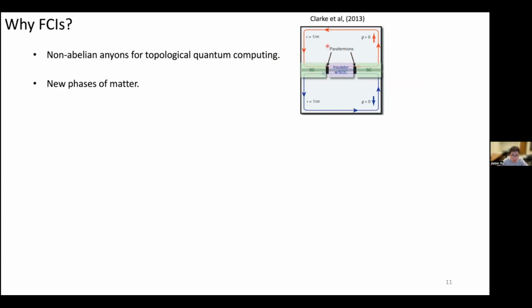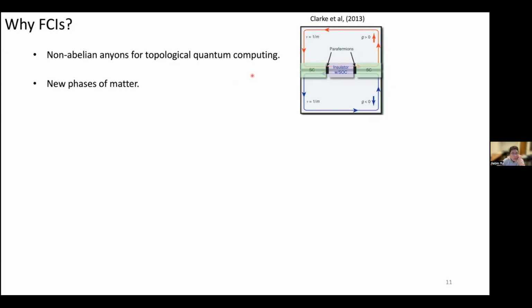If we use two fractional quantum Hall states, we would have really strong magnetic field, which would limit the choices for superconductors for this proximity effect, because magnetic field normally destroys superconductivity. But if we use FCIs, we don't need that strong magnetic field, which in principle might allow more choices for superconductors for this proximity effect.